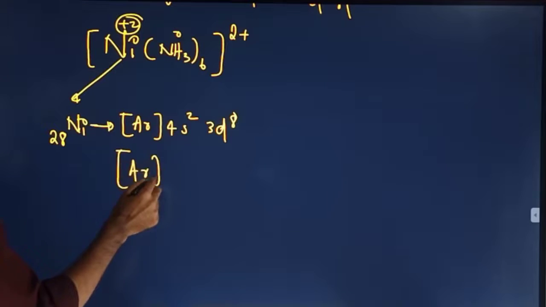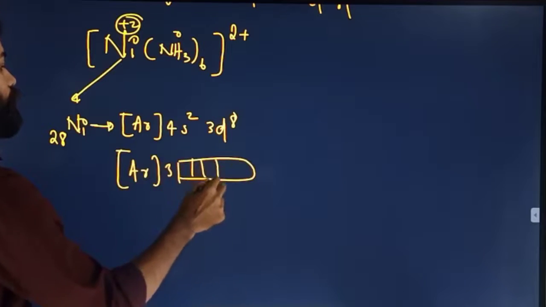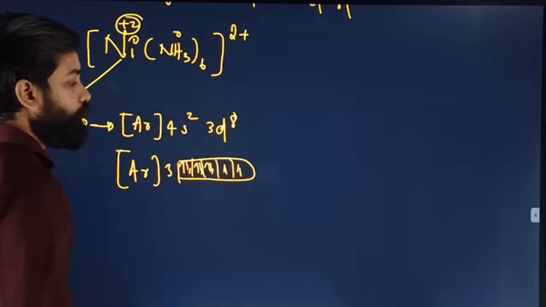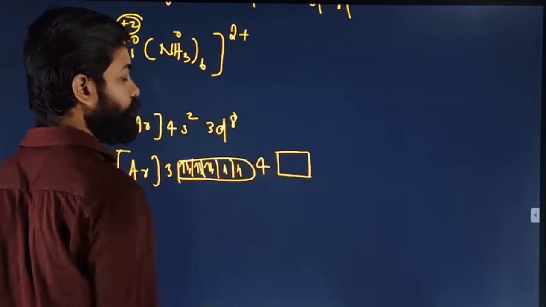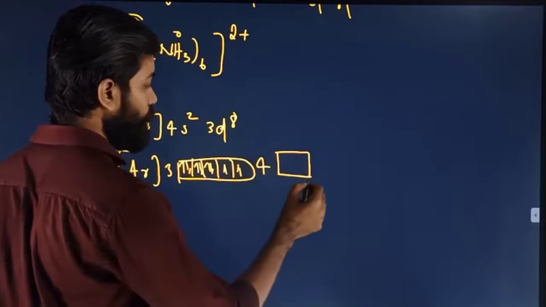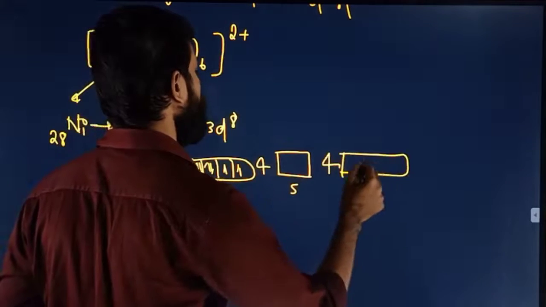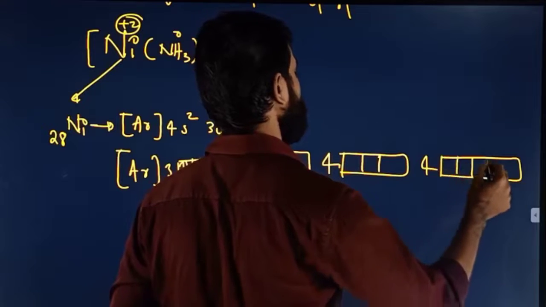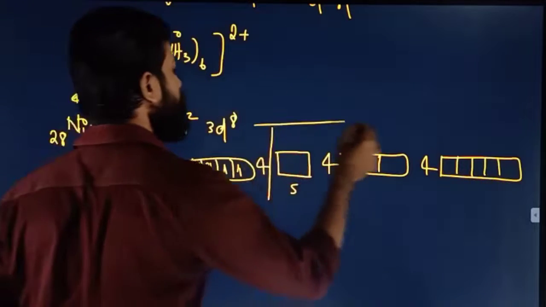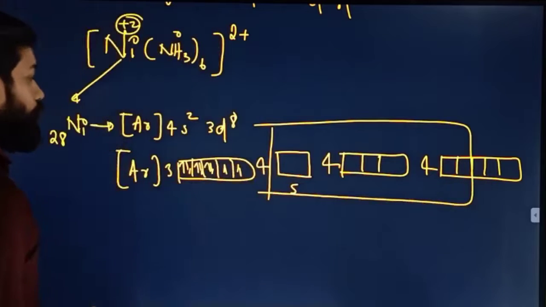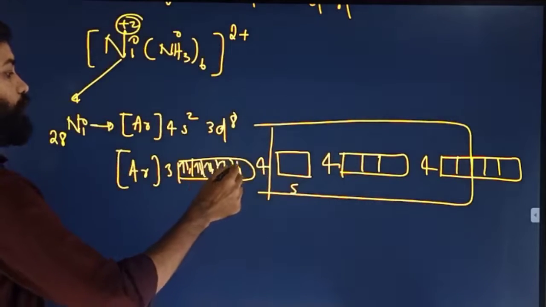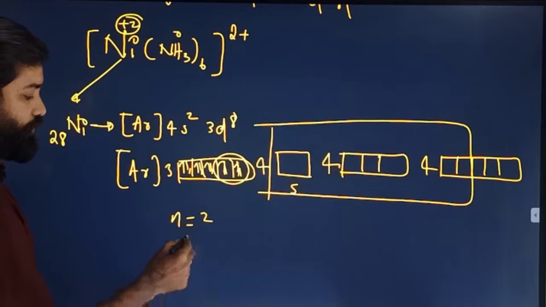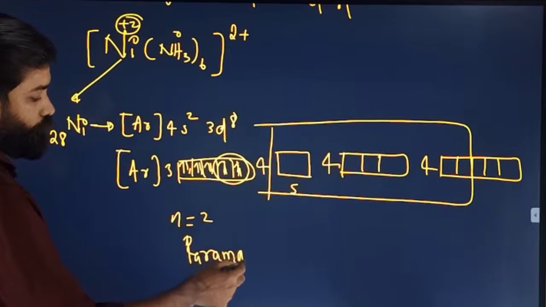So argon 3d8 is like this. So 4s electron, 4s, 4p and 4d. Actually the hybridization is sp3d2 because there is no special effect by pairing this one. Okay, so n equals 2 and this is paramagnetic.